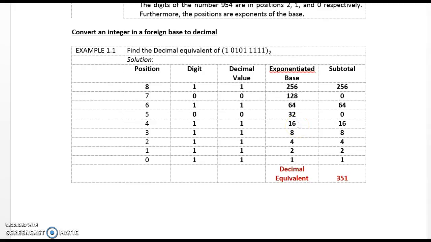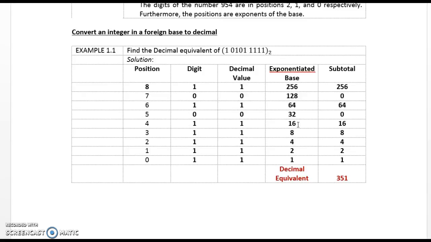Convert an integer in a foreign base to decimal. Example 1.1. Find the decimal equivalent of 101011111 base 2. What I'm going to do is make a table with 5 columns.